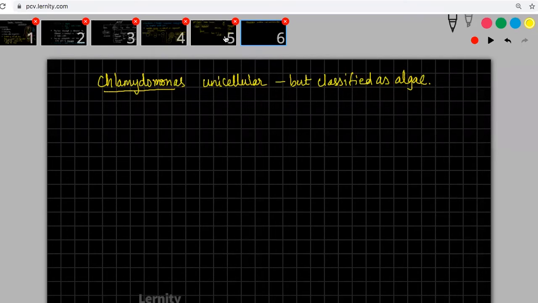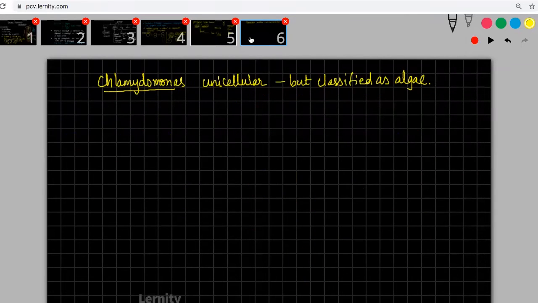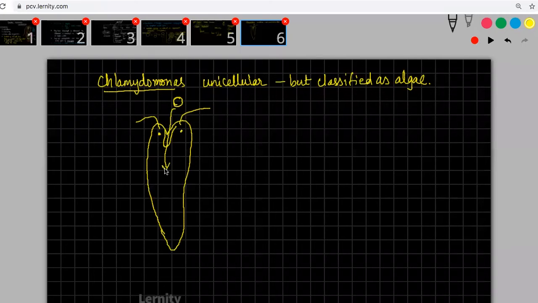When talking about euglenoids, you have to know one more thing. These euglenoids normally are phototrophic in nature. But whenever there is lack of food, these things will be able to engulf particles, and they can ingest them also.